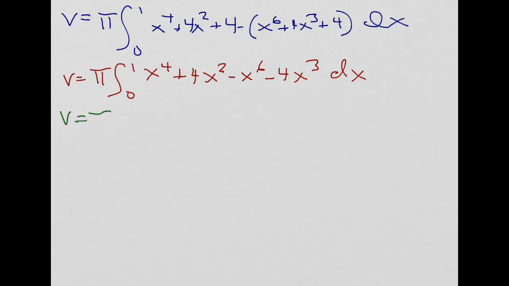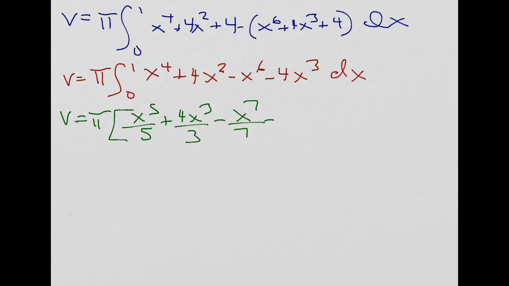So when we integrate, we're going to be using x to the 5th over 5 plus 4x cubed over 3 minus x to the 7th over 7 minus x to the 4th. We're going to plug in 1 and 0 respectively. So we plug in our 1.